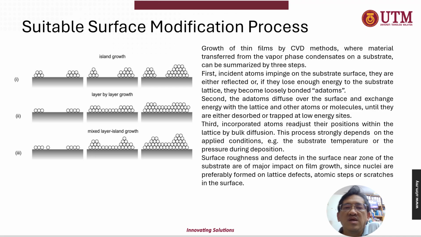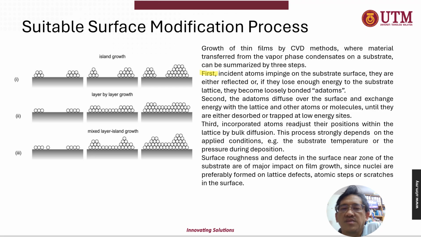The growth of thin film by CVD methods, where material transfer from the vapor phase condenses on a substrate, can be summarized by three steps. First, incident atoms impinge on the substrate surface. They are either reflected, or if they lose enough energy to the substrate lattice, they become loosely bonded atoms.